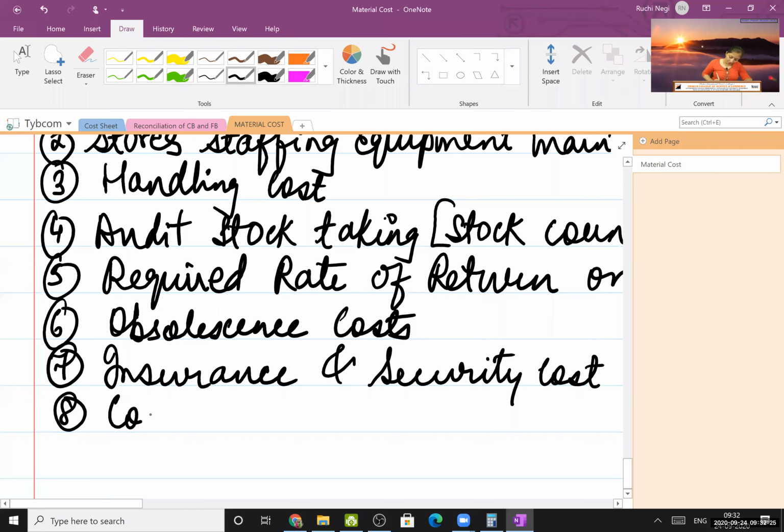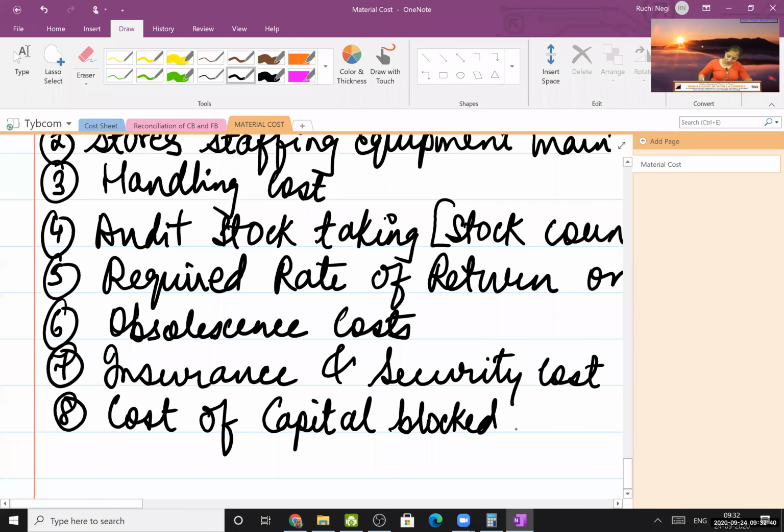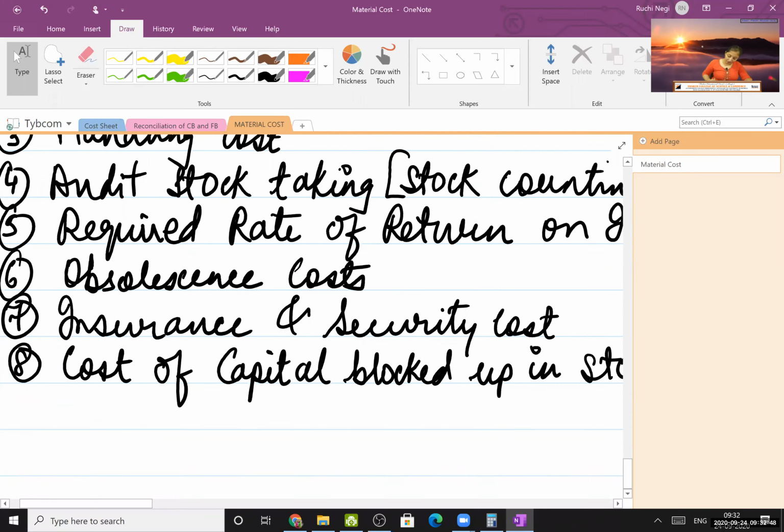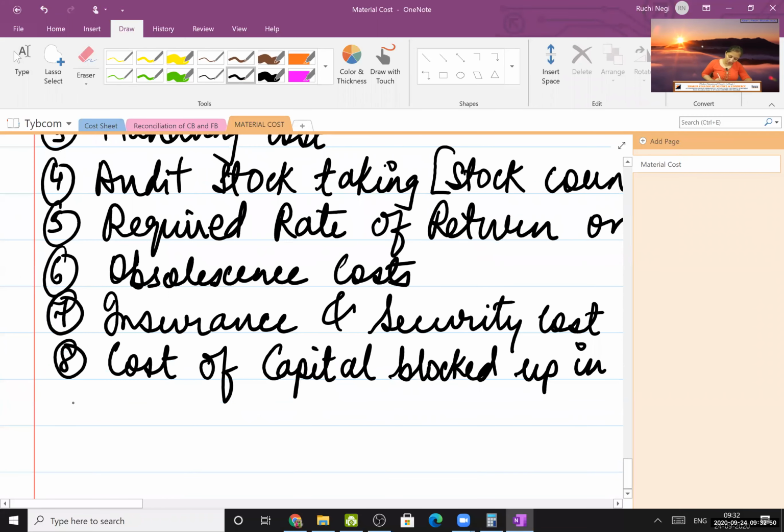Then cost of capital blocked up in stock or inventory. You must have done this stock to working capital ratio last year in management accounting.